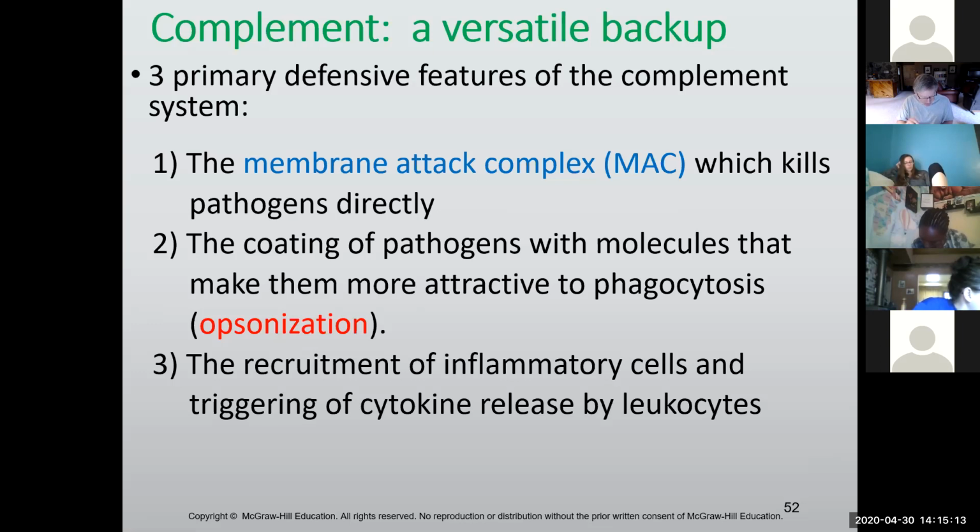And in this example, it's the C9 complement proteins in blue that actually form these little holes or pores in the membrane of the pathogen. And that membrane attack complex, it's called, the MAC, formed as a result of C5 and C6 initially starting that whole process of pore formation, if you will.